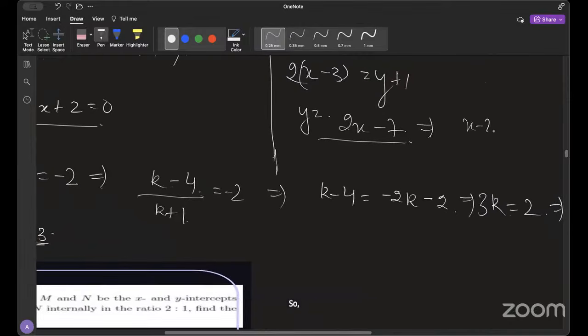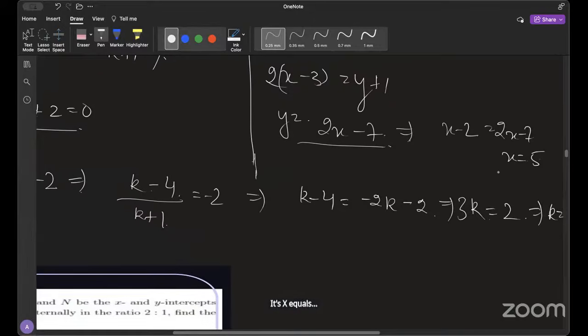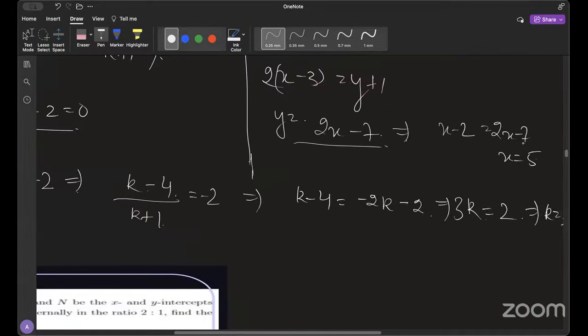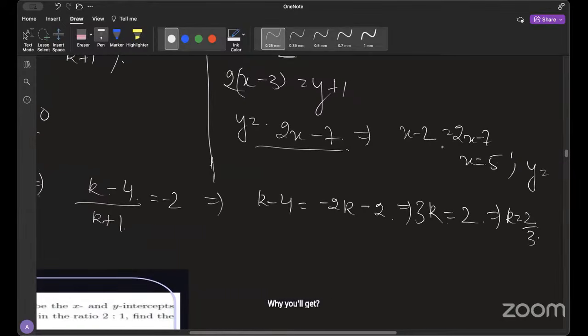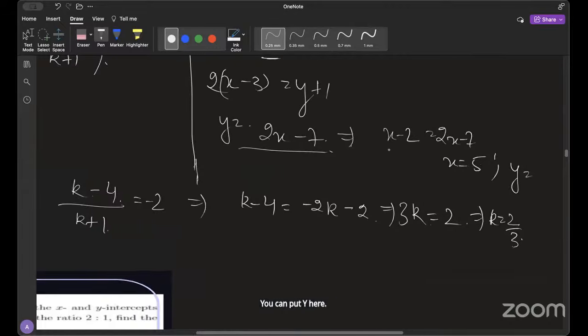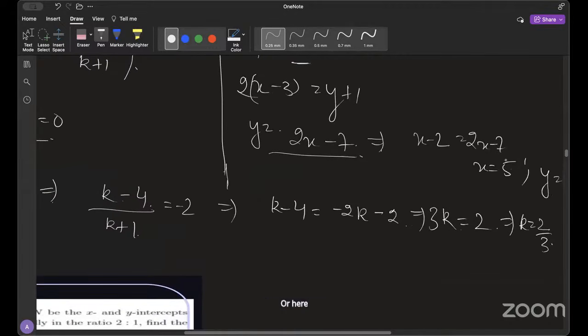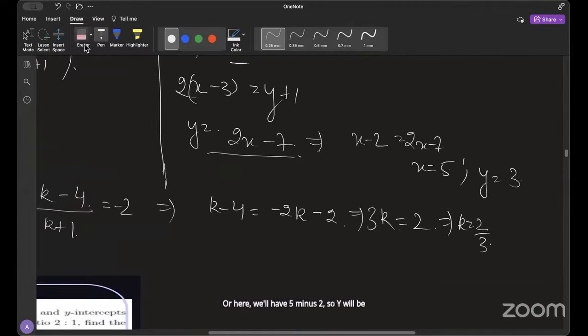So if you equate x minus 2 and 2x minus 7, you're going to get x equals 5. If you put it here or here, you'll have 5 minus 2, so y will be 3. So your point is 5, 3.